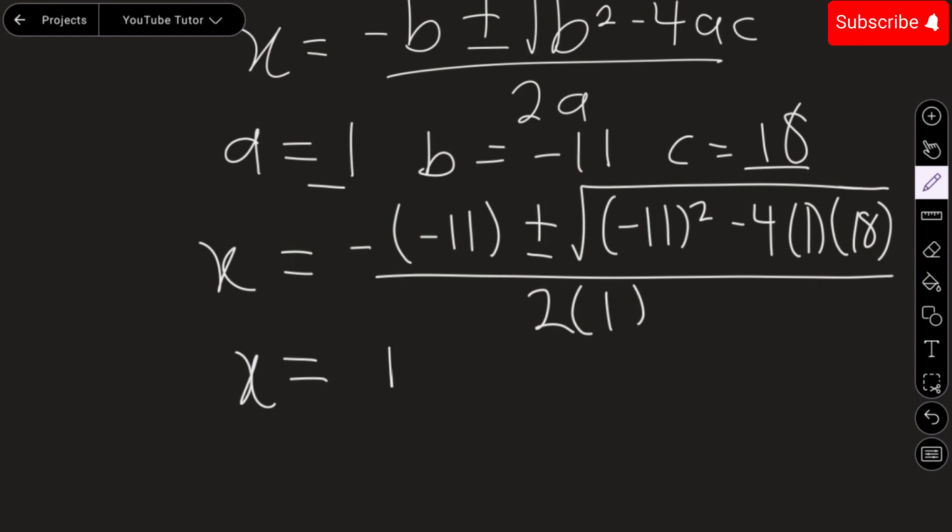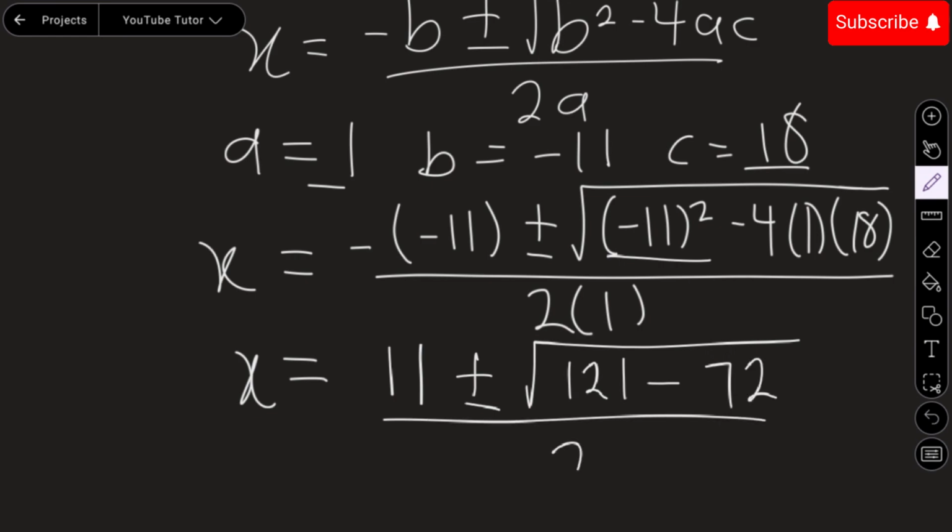Now we have positive 11 plus or minus square root of 11 squared is 121, regardless of the negative sign, because it's in a bracket, it doesn't affect it. Minus 4 times 18. If you check that on your calculator, you are going to get 72, because 4 times 18 is 72 times 1 is the same answer.